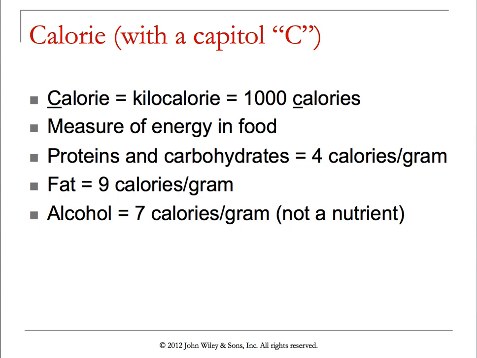All right, so what does this mean? A calorie with a capital C is a measurement of the amount of energy that it takes to raise a specific volume of water by 1 degree.